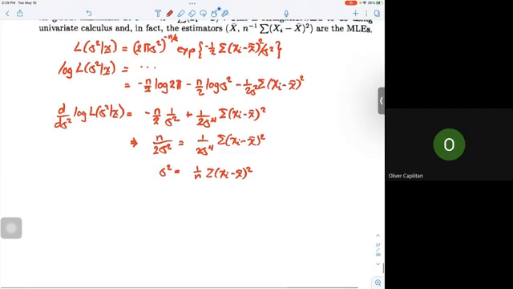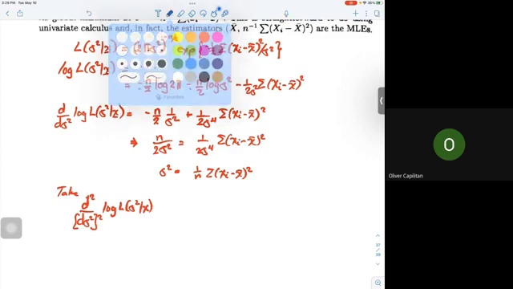And then take the second derivative. Take the second derivative of the log likelihood function given x, with respect to sigma square. So dito tayo. Dito na part, pwede natin ma-simplify ito.